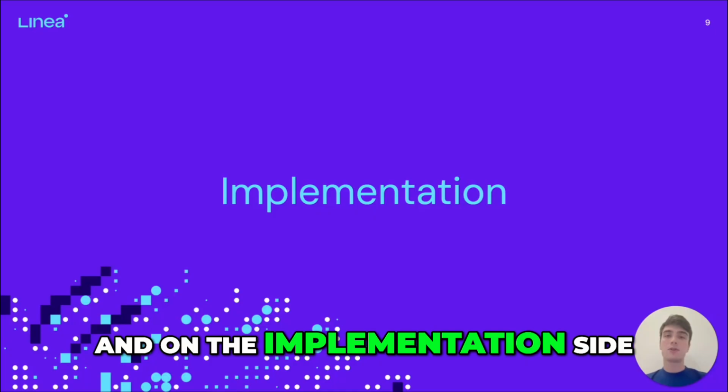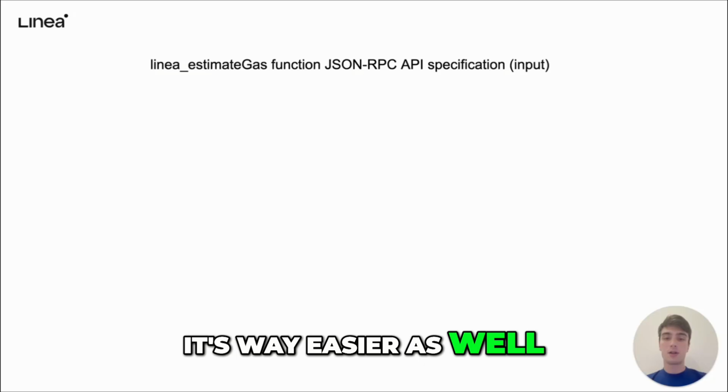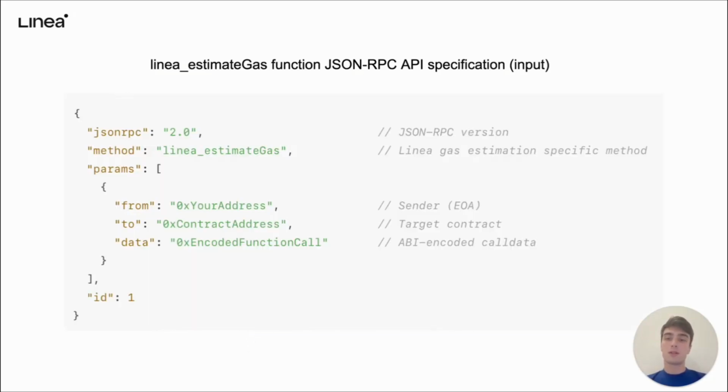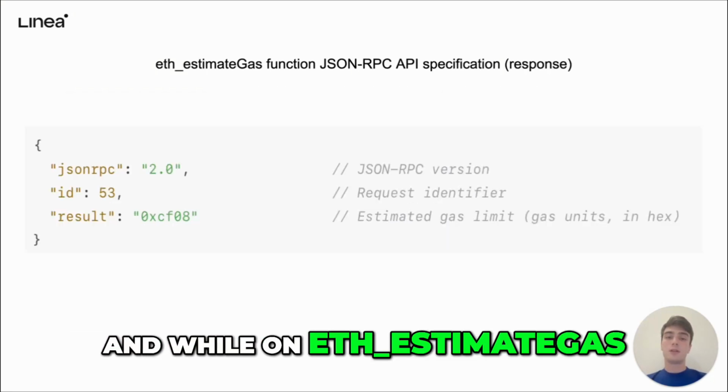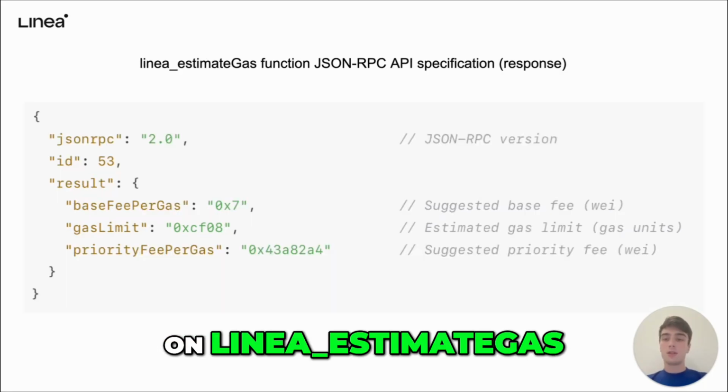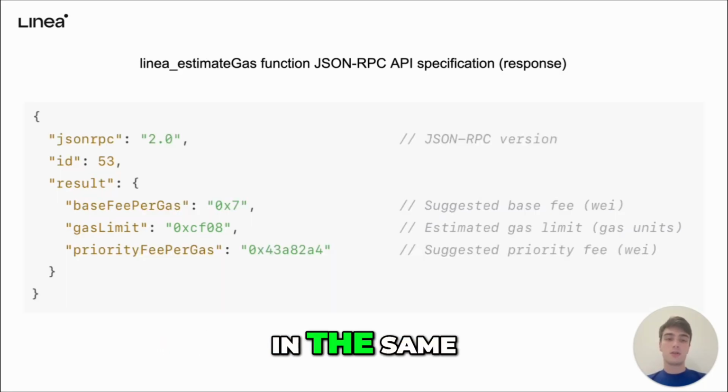And on the implementation side, it's way easier as well. This is the input, the exact same input as ETH estimate gas. While on ETH estimate gas you just get the gas limit, on Linea estimate gas you get everything in the same output: the base fee per gas, the gas limit, and the priority fee per gas.